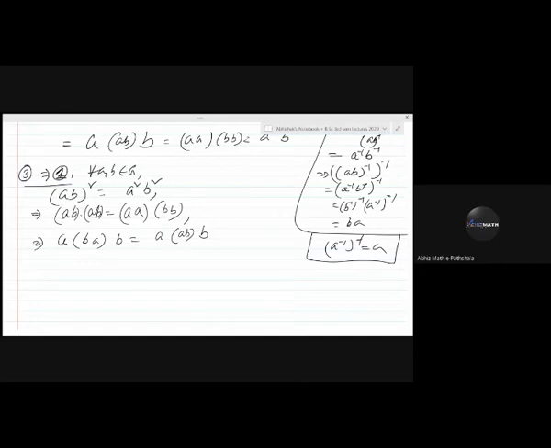Since it is a group, it satisfies cancellation laws. So first applying left cancellation and then right cancellation, you will have ba equal to ab by the left cancellation law and right cancellation law. And this proves that G is abelian.